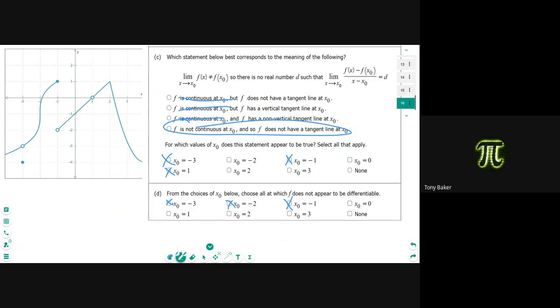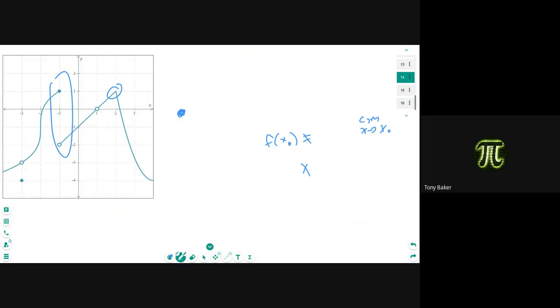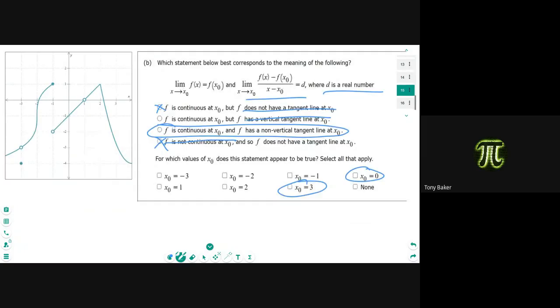Yeah. X equals 1. Yep, it's got a discontinuity. X equals 2. It's got that kink. So the only ones that would be differentiable are 0 and 3, which happens to be the answer that we got for that one.